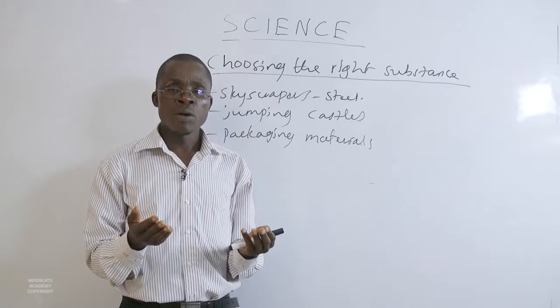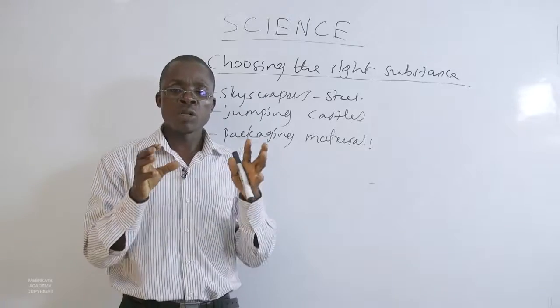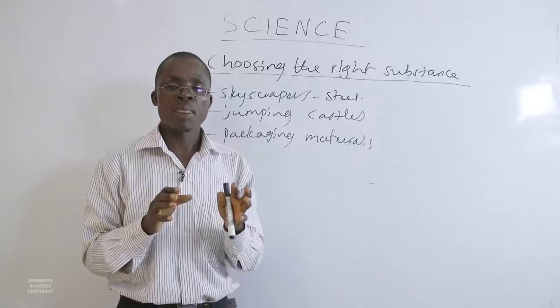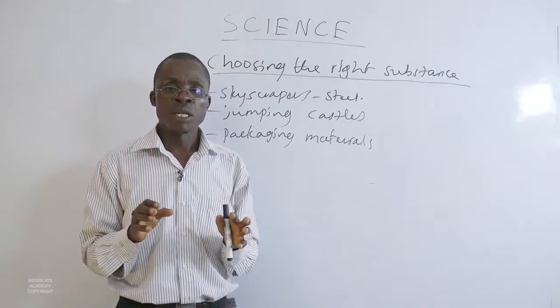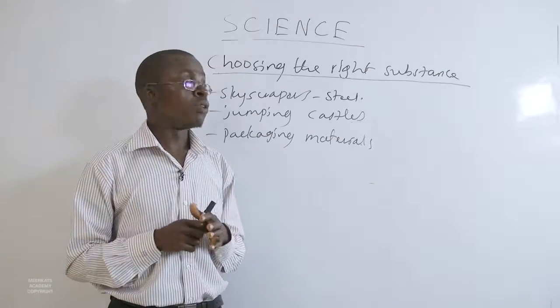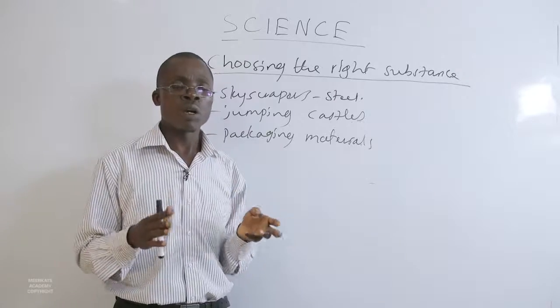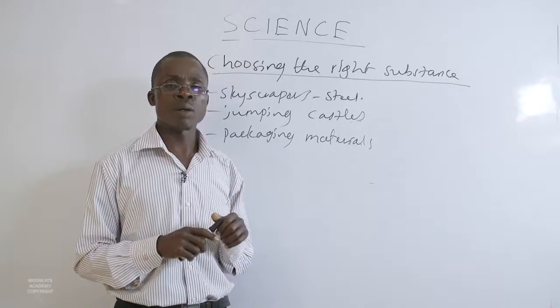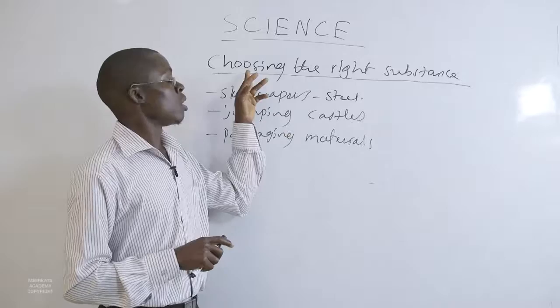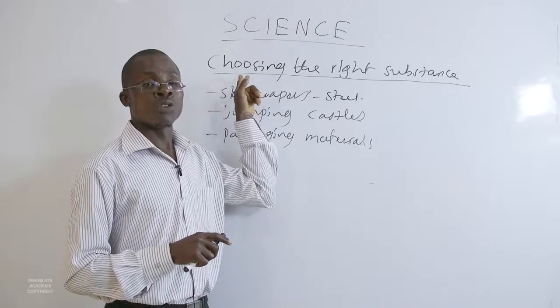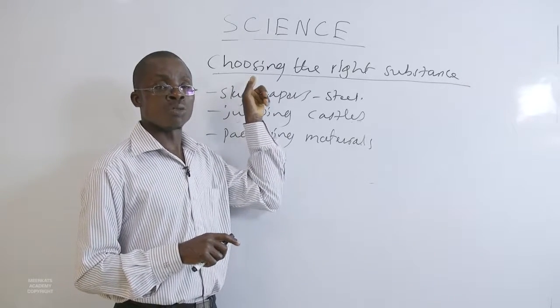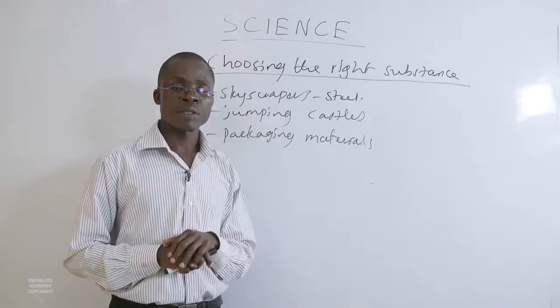What are we seeing? We are seeing a material that has a certain property. And for you to get that, you need to understand the chemical properties and also the physical properties of that substance, so that you'll be in a better position to choose which material to be used where.